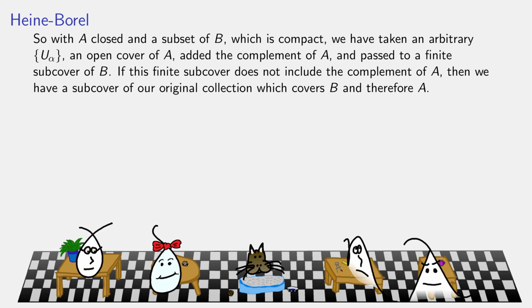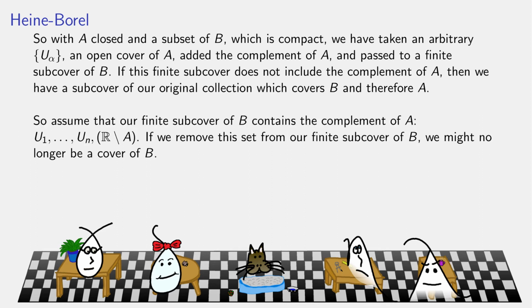Well, if it doesn't include the complement of A, then we have a subcover of the original collection, which covers B and therefore A. And that is done. If we find a subcover of the U alphas that covers A, that's all we wanted to do. So if our subcover, which covers B, didn't include the complement of A, then we found a subcover of A from our original collection U alpha, and therefore we're fine.